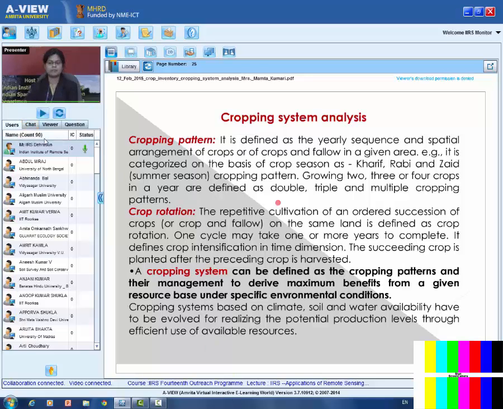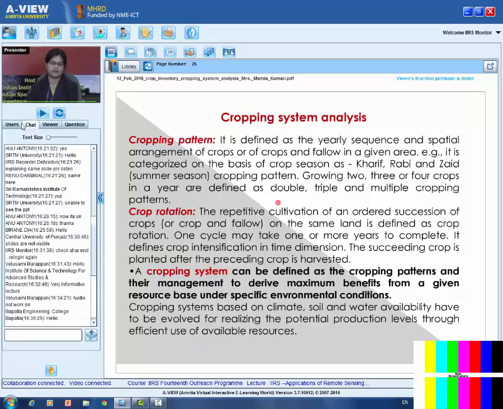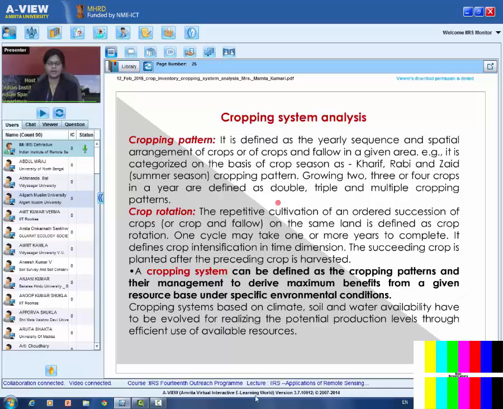So once you have crop inventory map or land use map, agricultural land use map from two different seasons, you can integrate these two maps to produce the cropping pattern map. The crop rotation is the repetitive cultivation of an ordered succession of crops or crop or fallow on the same land.